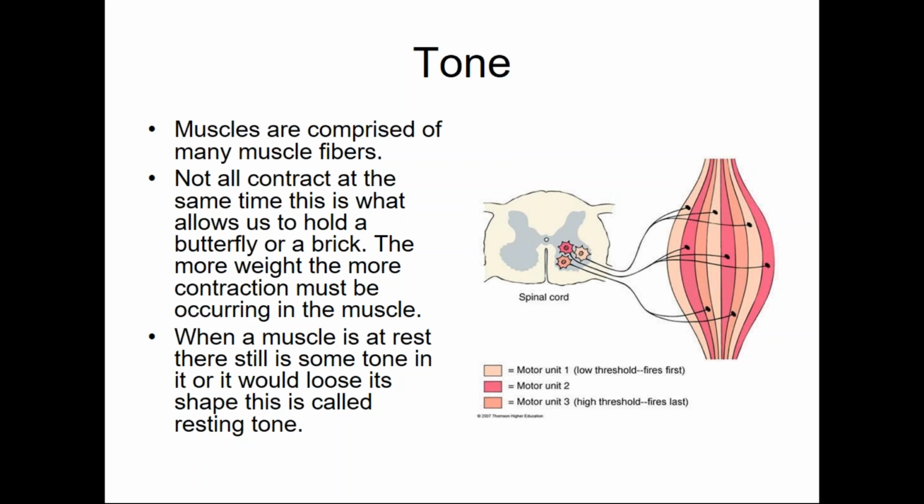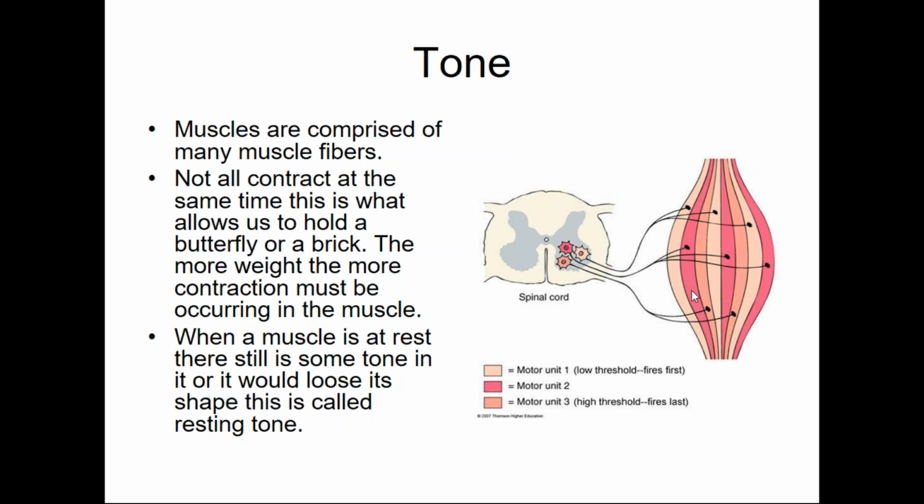How this tone is established is by multiple motor units communicating with a muscle. Within any part of a muscle, you will find multiple different motor nerves or motor units communicating. This is what allows for some motor units to be turned on while others are turned off, which allows a muscle to maintain tone or maintain contraction without becoming over fatigued. So that's how tone works.